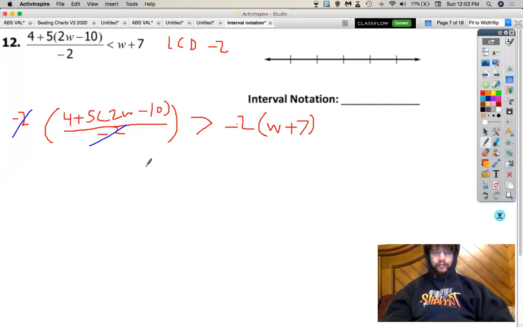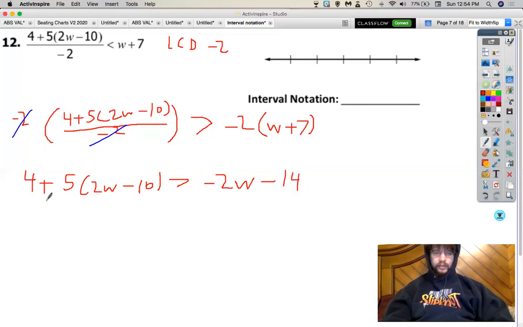So those just cancel out. I'm left with 4 plus, you could distribute now, but I'm not going to. I'll put multiple steps for you. It's greater than, and I guess I will distribute this one, -2w minus 14.